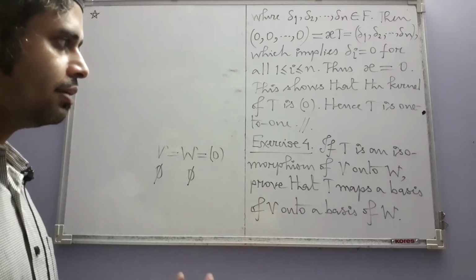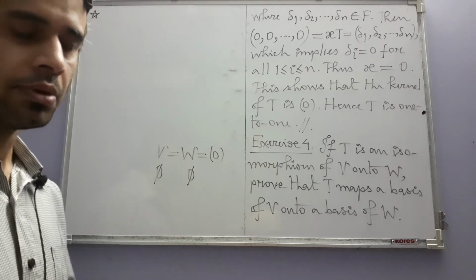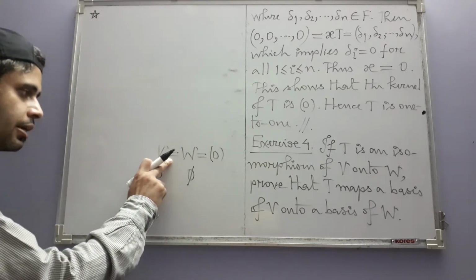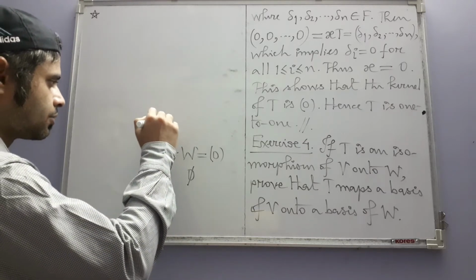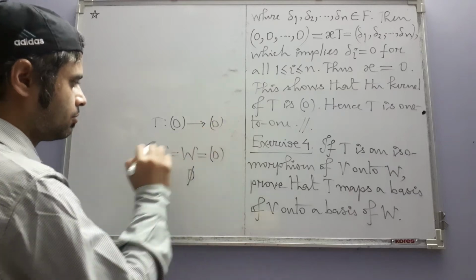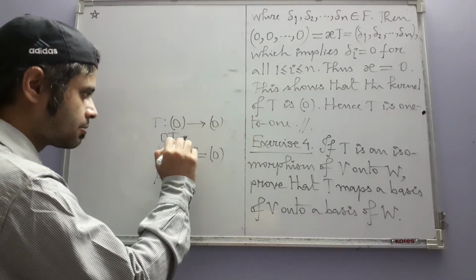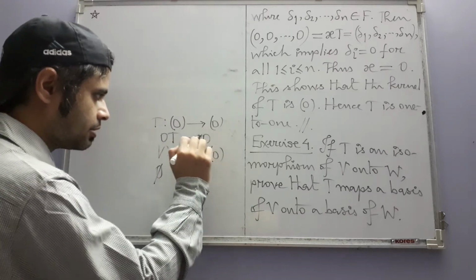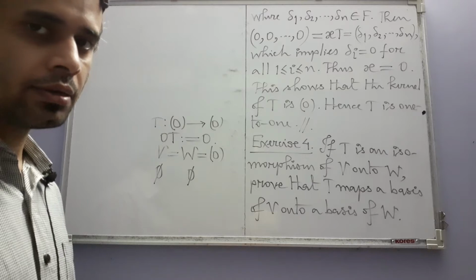And it is given that T is an isomorphism from V onto W. In this particular case, our T will be one fixed T, which maps the only element in this vector space to the only element in this vector space. And this map is trivially a homomorphism.